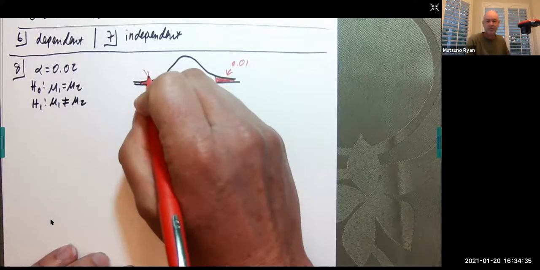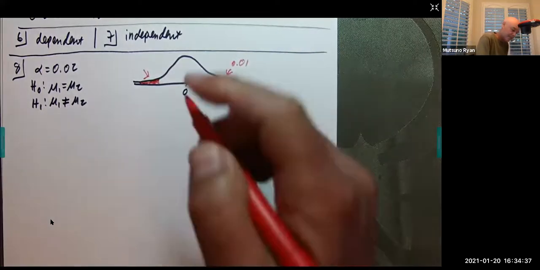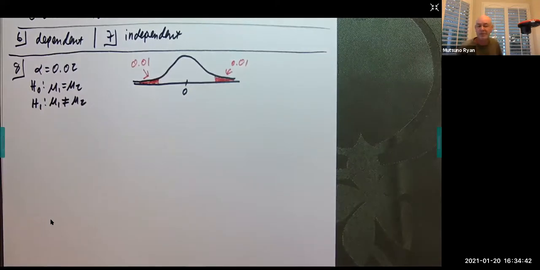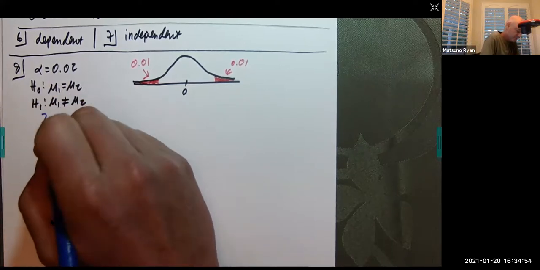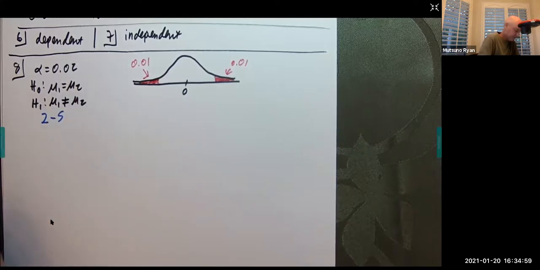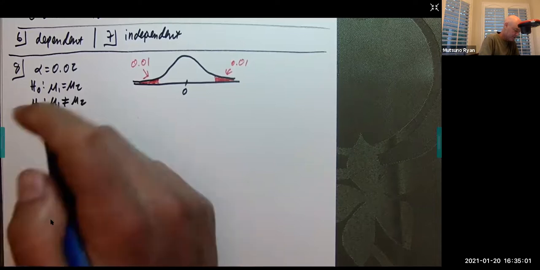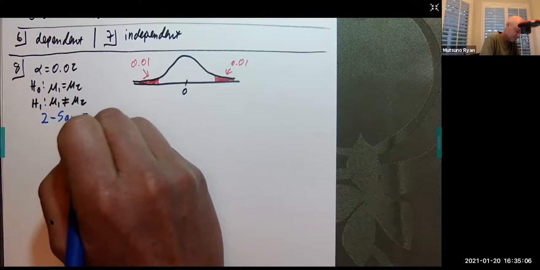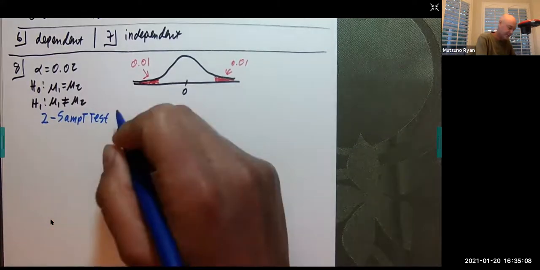Because we know nothing about their population standard deviations, this is definitely a two-sample t-test for a test statistic.